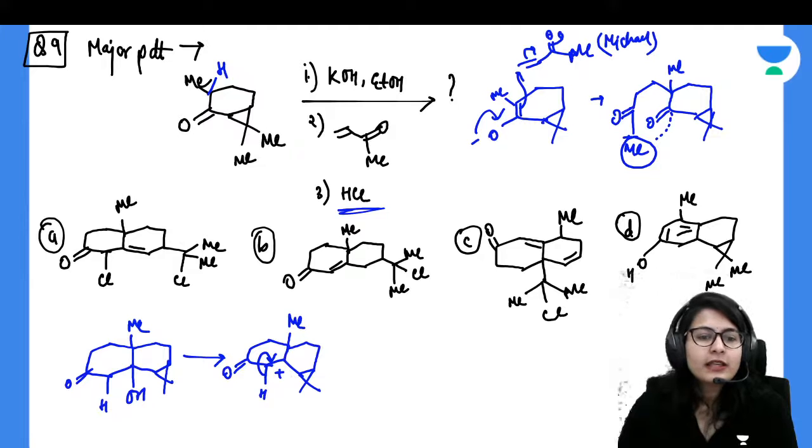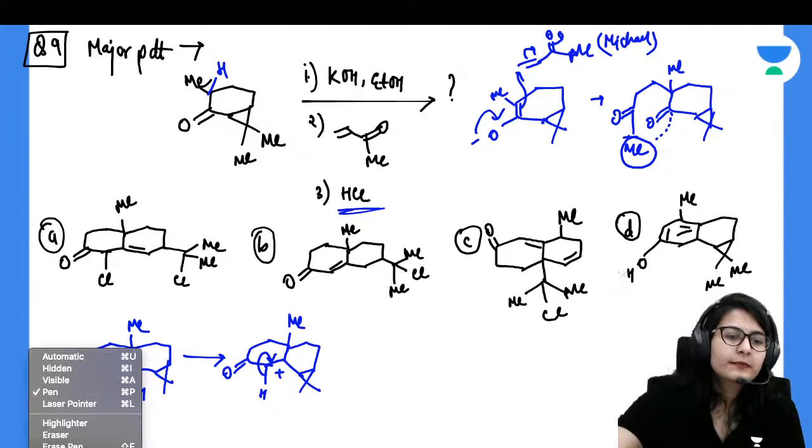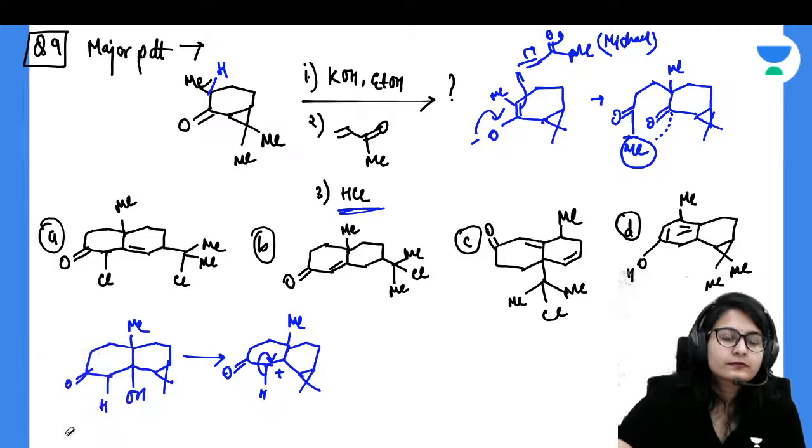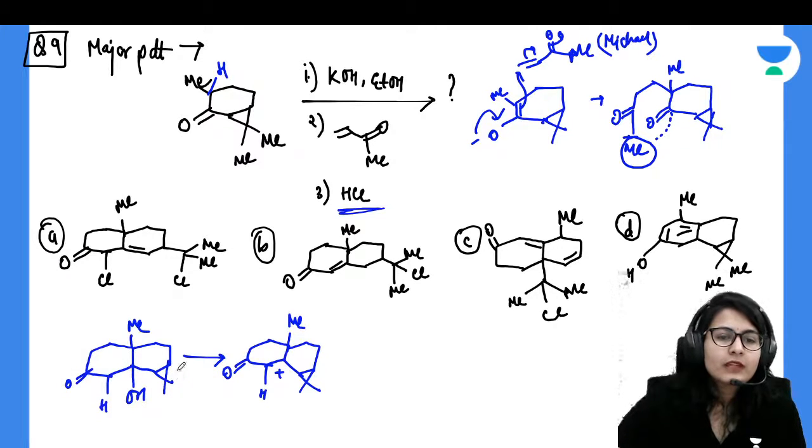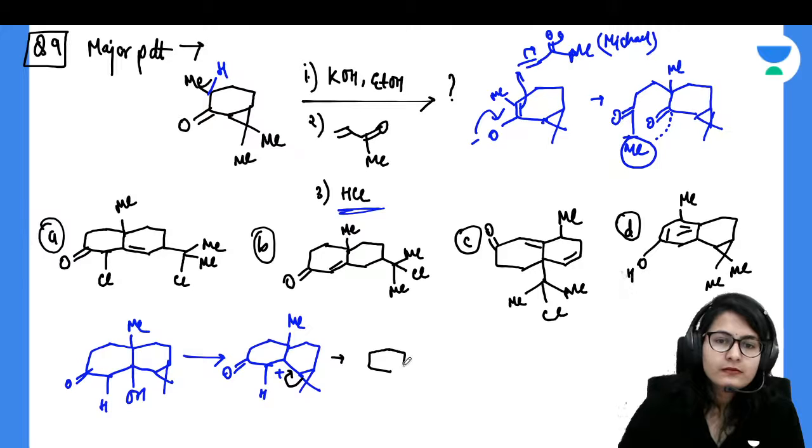So let's say we are not making this proton eliminate first. Let's say this carbon-carbon bond breaks down, and you get a positive charge over here and one double bond over here. Okay? Yes. So this is what you have.